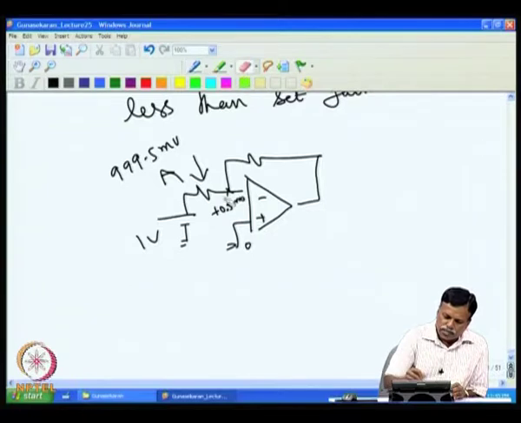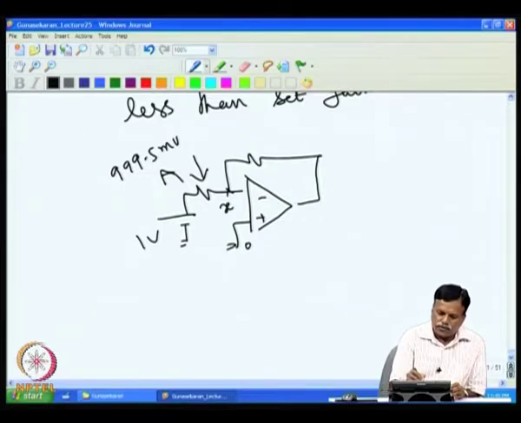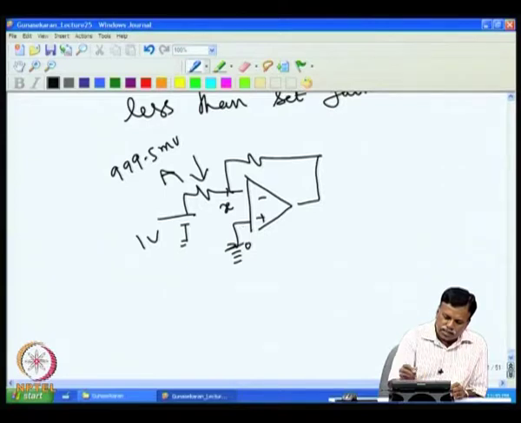So, I remove this and put x. This is sitting at 0 and this is sitting at x, and take this as V0, and this is RF, and this is R1.